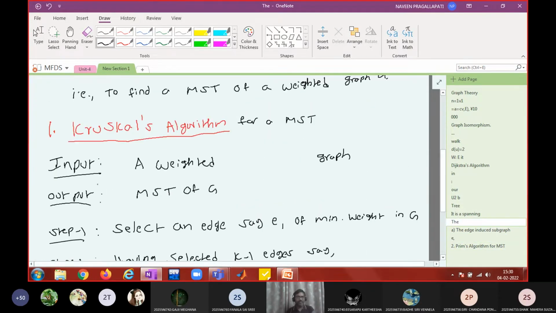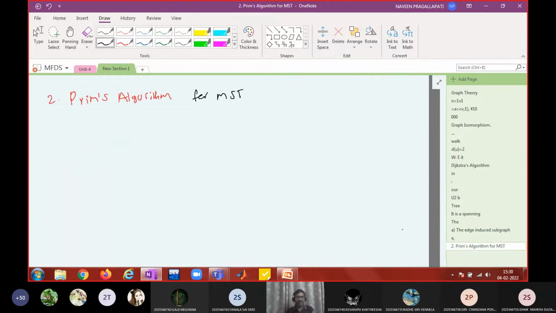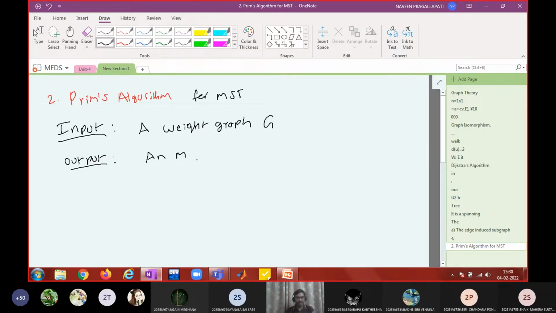Output is MST of G. So write down these steps.